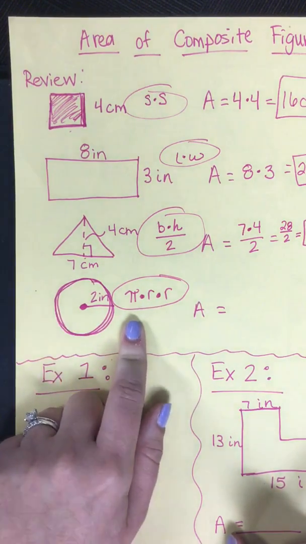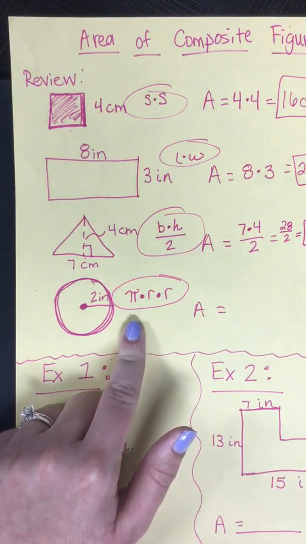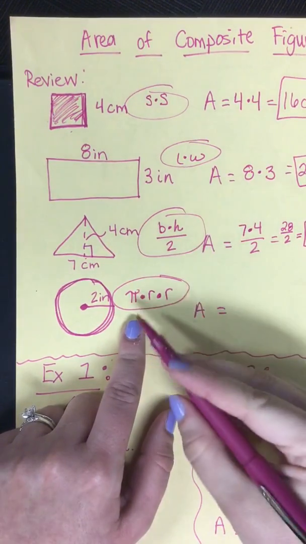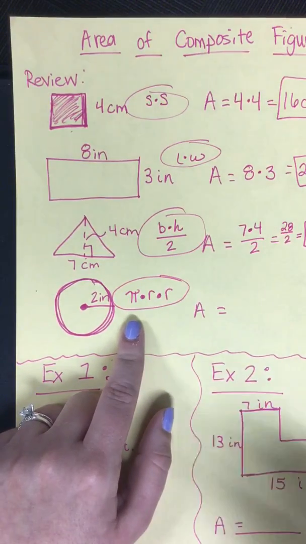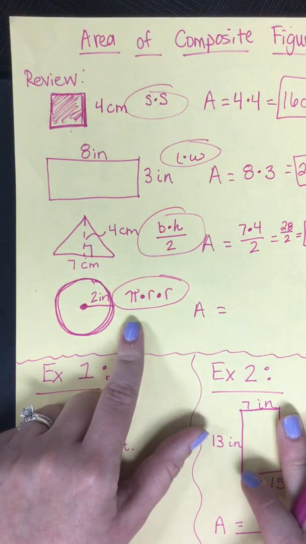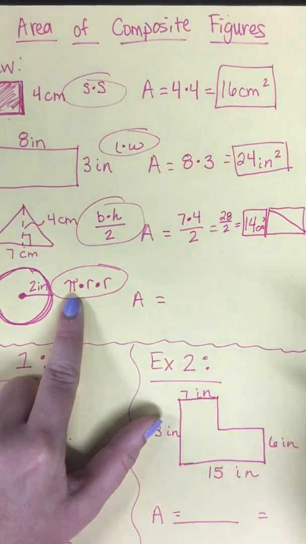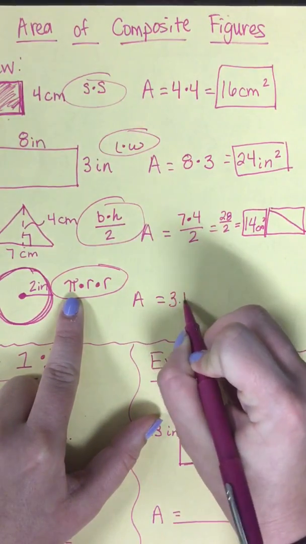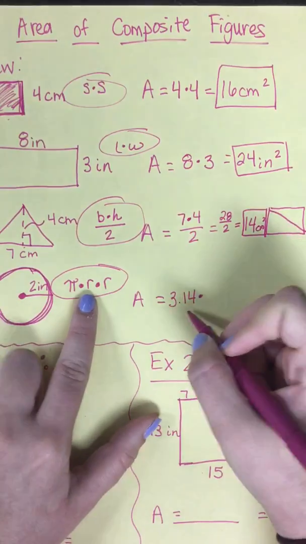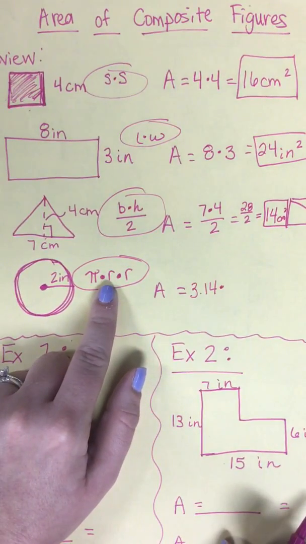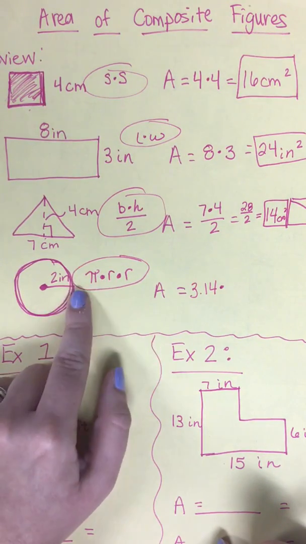Okay? So, guys, when you're working with these formulas, you're just plugging the numbers in that you find. Okay? So we have pi. What does pi equal? 3.14. Times r. Looking at our circle, do we see the r? Yes. Yeah, it's 2.